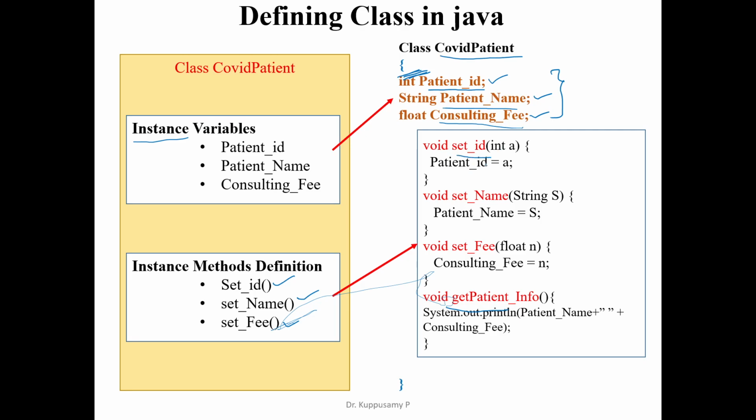This method assigns the value to the variable patient ID, this one assigns the value to the patient name, and this one assigns the value to the consulting_fee. So the state of the object variables patient_name, patient_ID, consulting_fee is determined by the value of the properties.